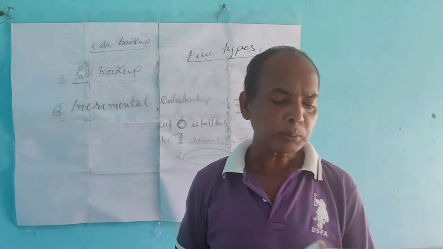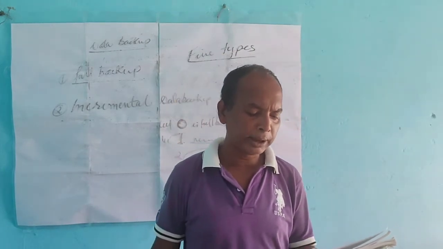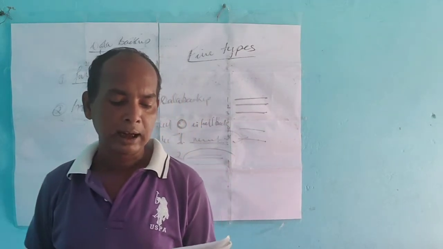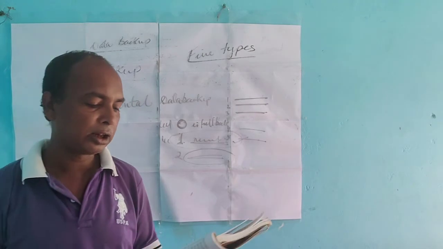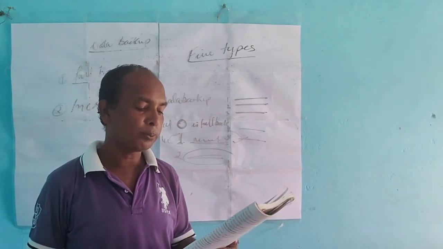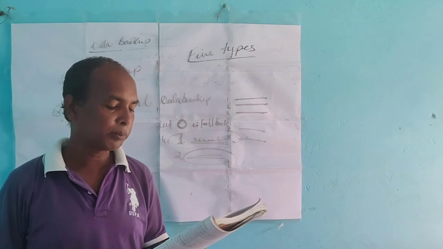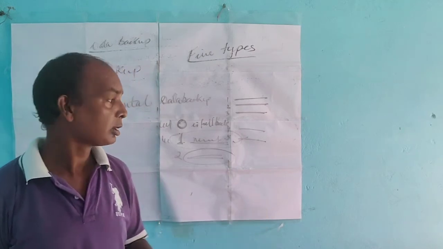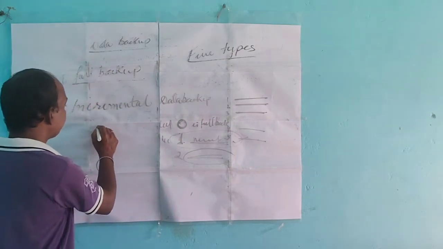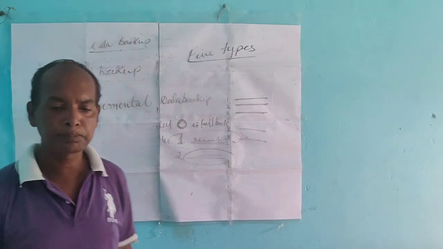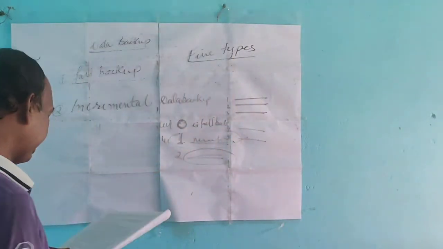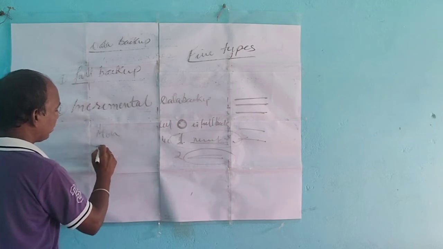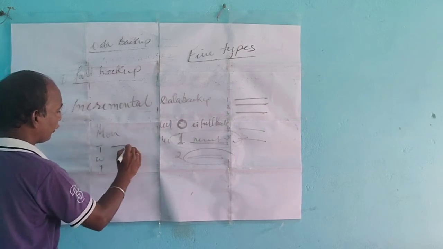Recovery. If you did a full backup on Monday and incremental backups on Tuesday, Wednesday and Thursday, and the PC crashes on Friday, you would need all the backup files: the Monday full backup and the incremental backups of Tuesday, Wednesday and Thursday for restoration. Suppose on Monday you go for the full backup, and Tuesday, Wednesday and Thursday you go for incremental backup.